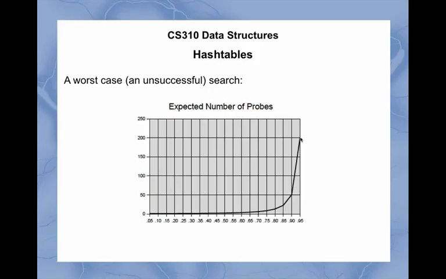That means if you're searching for an element, deleting an element, or adding an element, you may have to look at 200 locations before you find the one that's going to work. And so having 200 locations obviously is going to seriously degrade performance. Whereas if you're looking at a table that's half full, then you're looking at 2, 3, maybe 4, and no more than that. This is a striking difference in performance.